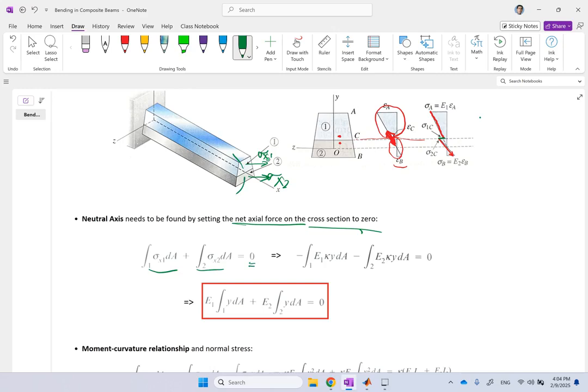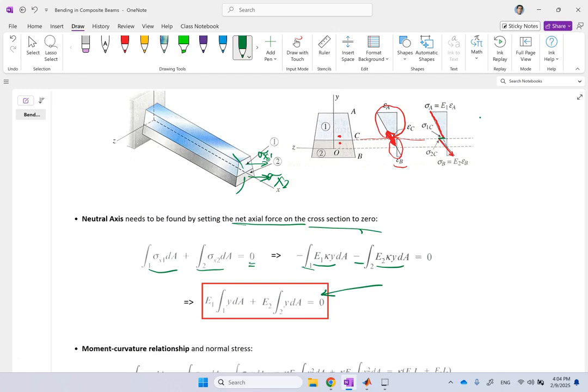Now for sigma 1 and sigma 2, we replace them with negative E1 ky and negative E2 ky. And since k is constant, at least at that cross section, you can bring it out and simplify it, and this is going to be the equation that you use for the neutral axis.